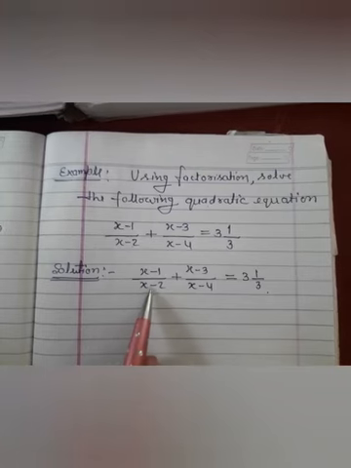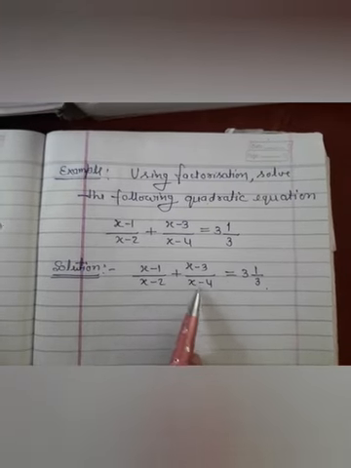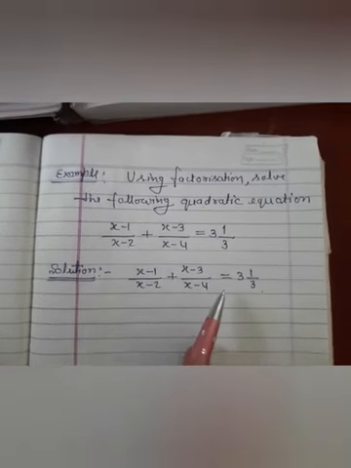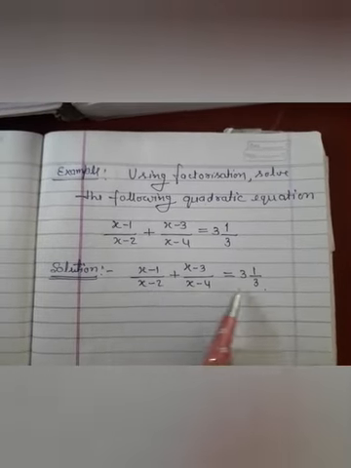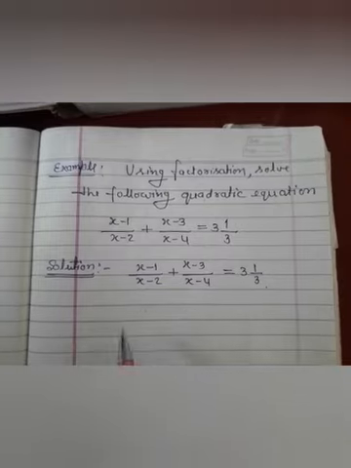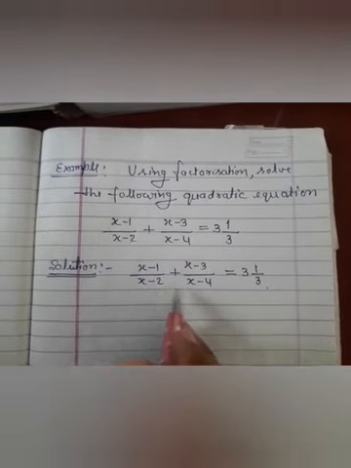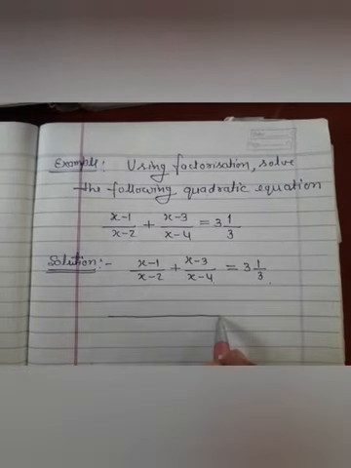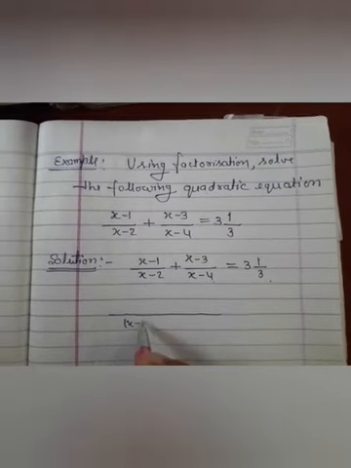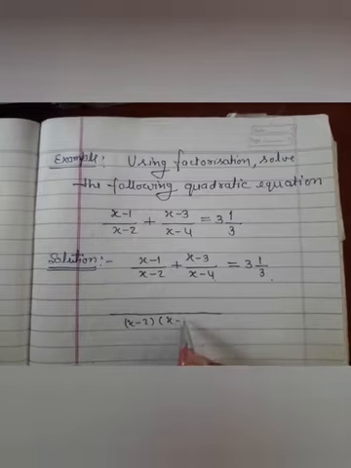Now get the solution here. This one is the equation. First we write it in the standard form, so first we simplify. What is the LCM of x minus 2 and x minus 4?